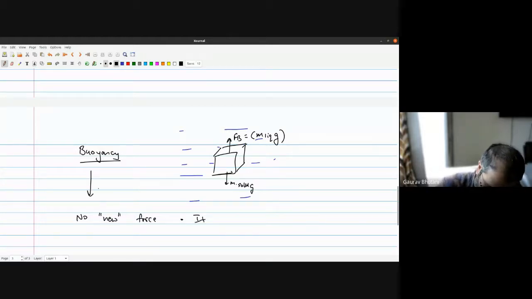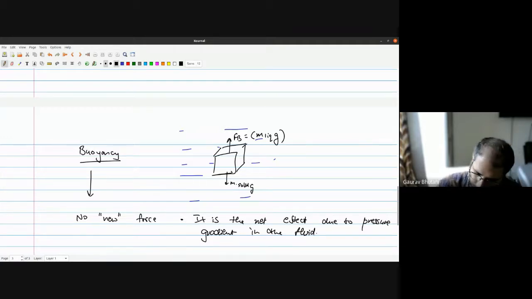Buoyancy is no new force. It's a net effect due to pressure gradient, the spatial pressure variation in the fluid.